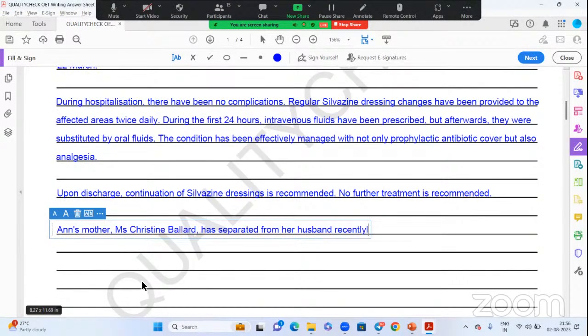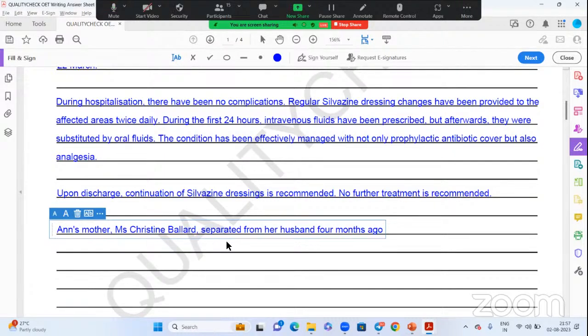So why do you want to write 4 months ago? Just write recently. Or you say 4 months ago. If you write 4 months ago, you have to write separated, not has separated, because you are using the word ago. Ago means simple past tense.